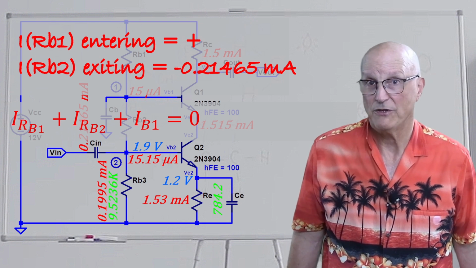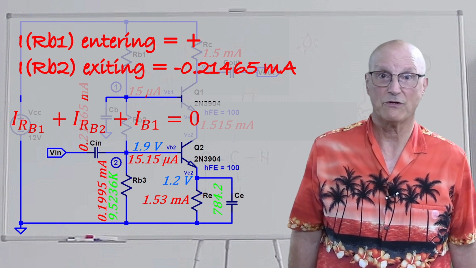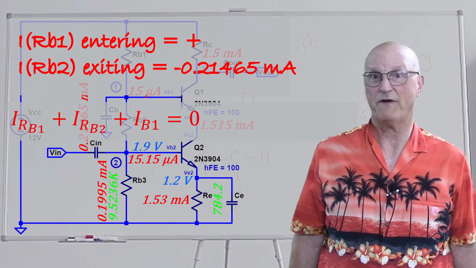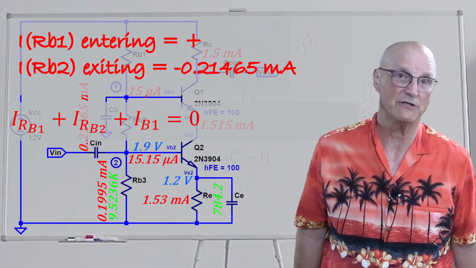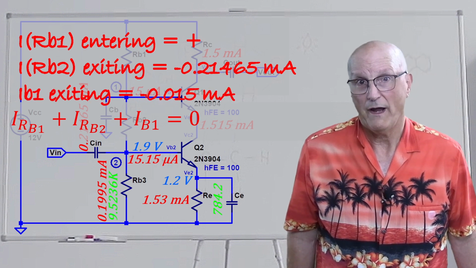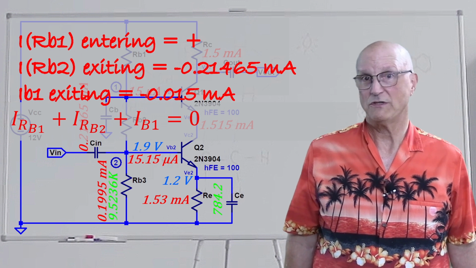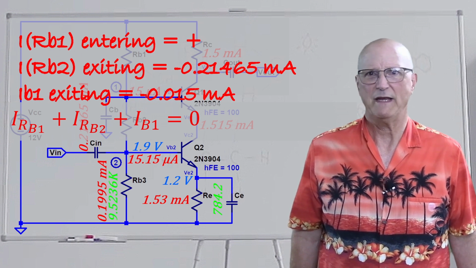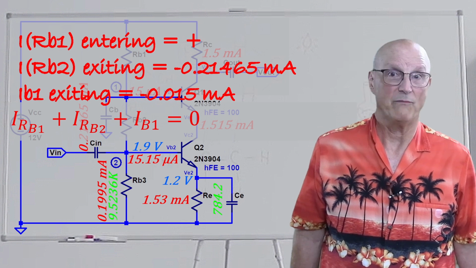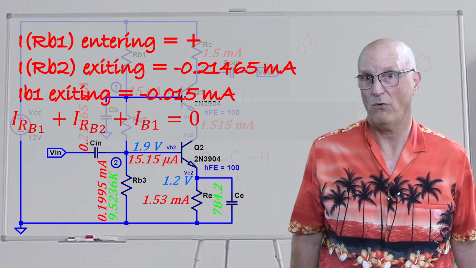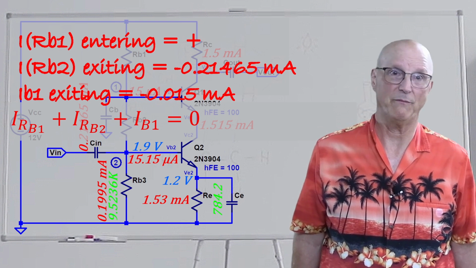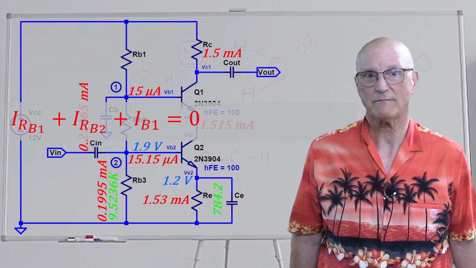And IRB2 is equal to minus 0.21465 milliamps from our last calculation. IB1 is also exiting the node, so it is negative. This means that IB1 is equal to minus 0.015 milliamps from an earlier calculation.